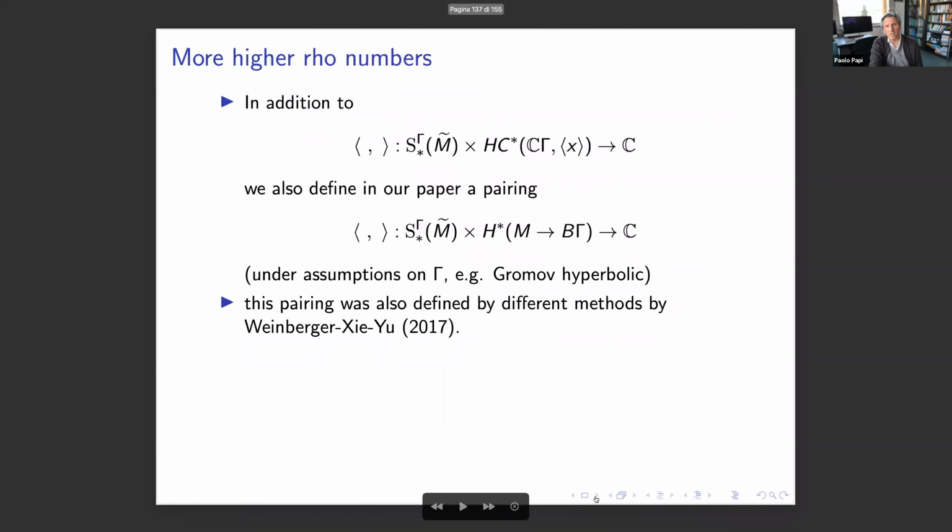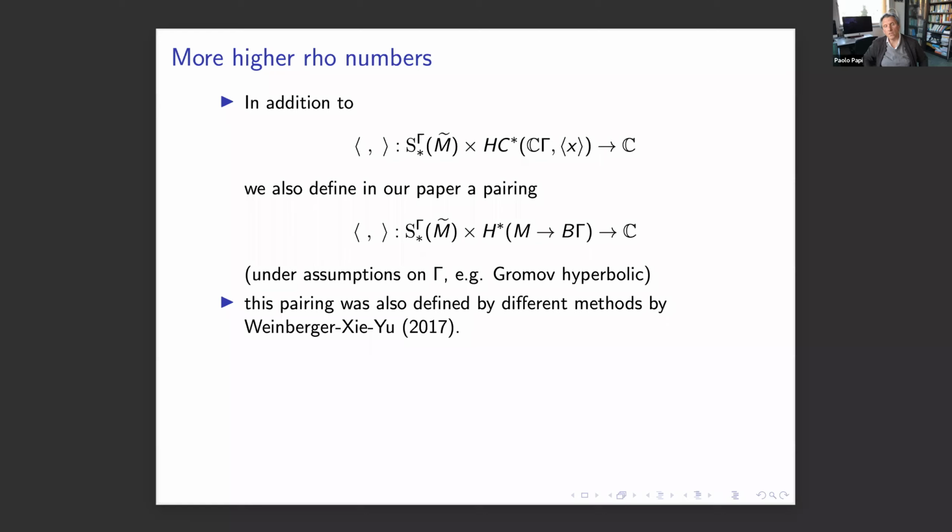More on higher rho numbers. So there is another pairing that we can define, which is the pairing with the relative homology. This also with the assumption that gamma is Gromov hyperbolic. And notice that this pairing was also defined by different means by Weinberger, Xie, and Yu.